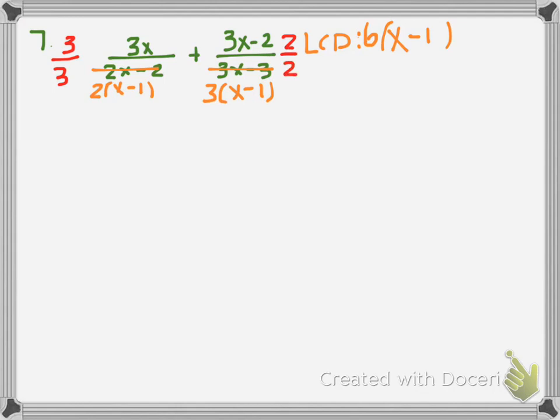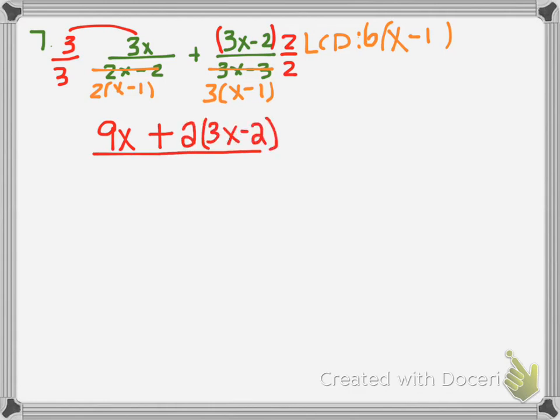So this is going to turn into 9x, because I multiplied 3 times 3x, plus, now I'm going to put parentheses here, so we have 2 times (3x minus 2), all over, now it's 6(x minus 1).